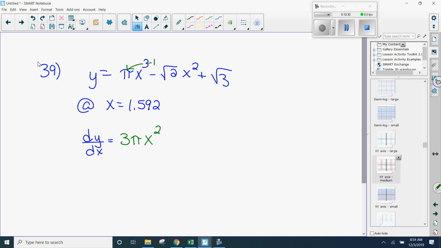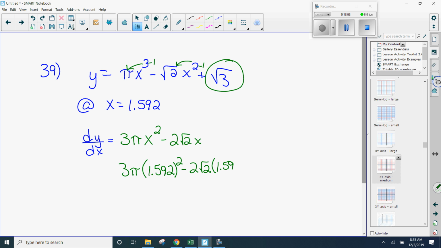You're going to do the next thing, bring down the exponent and multiply. And decrease it by 1. And this is a constant, so it doesn't have anything. So there's your dy/dx. Now what you have to do is you have to put in the value of 1.592 and type it into your calculator. And you get your answer.